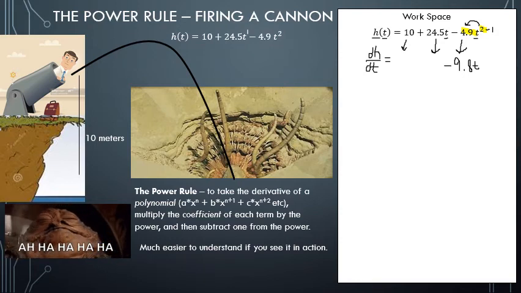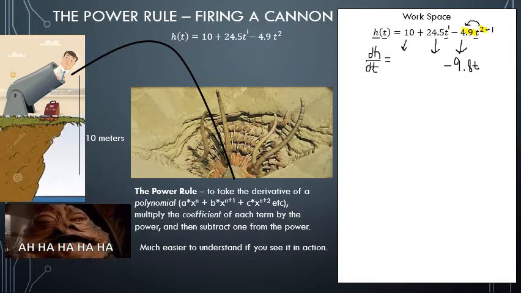We took the 2, we moved it in front of the t and multiplied by what was already there, and then we subtracted 1. So let's do that again for 24.5t. 24.5t, we remember, is technically 24.5 times t to the first. So we take the exponent, which is 1, and we move it in front, and then multiply, right?